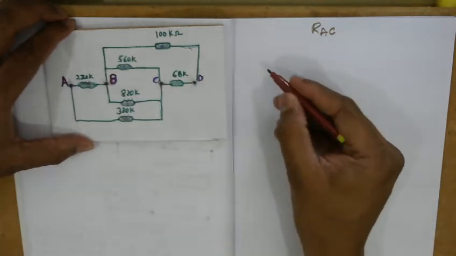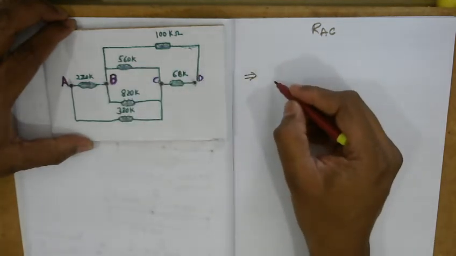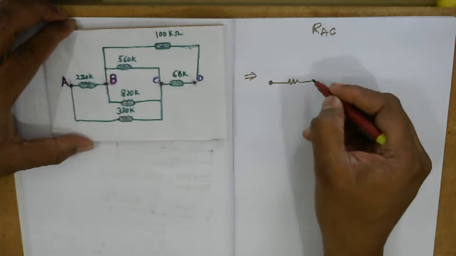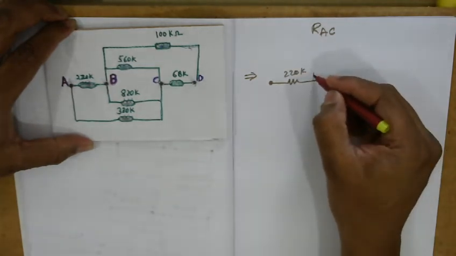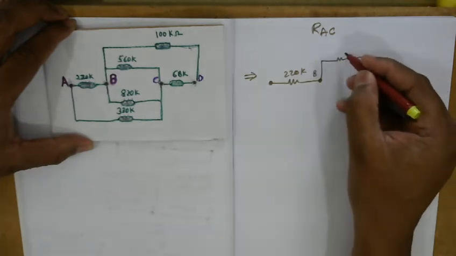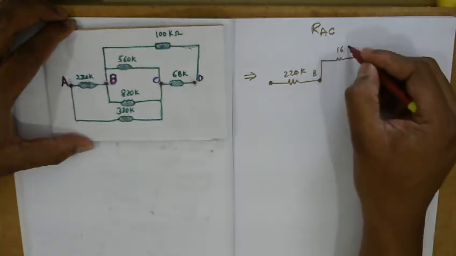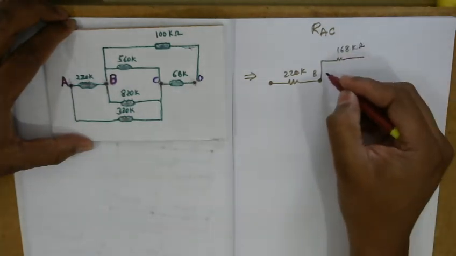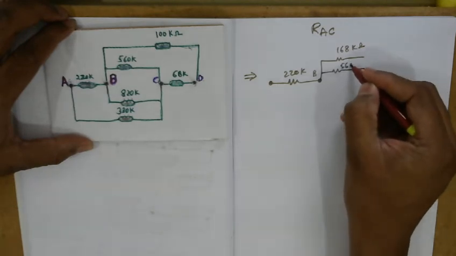So let me go directly from this main circuit to the next level, the simplified version of the circuit. This is 220k as it is. I get B here, and from here I will directly combine 100 plus 68, and show it as 168 kilo ohms. Then I have one more connection here, that is 560 kilo ohms.